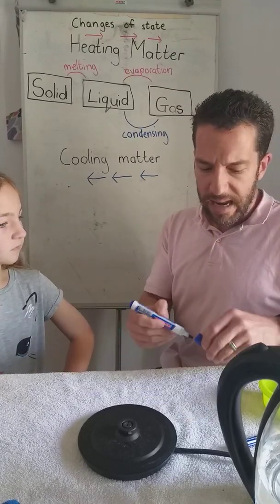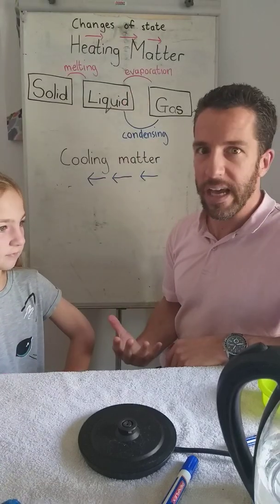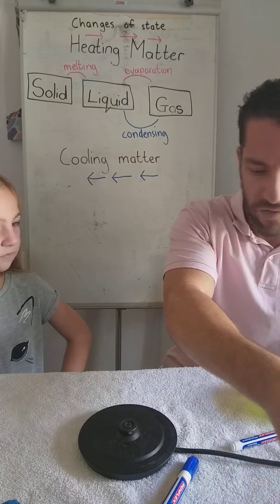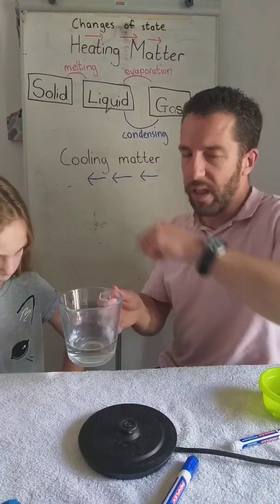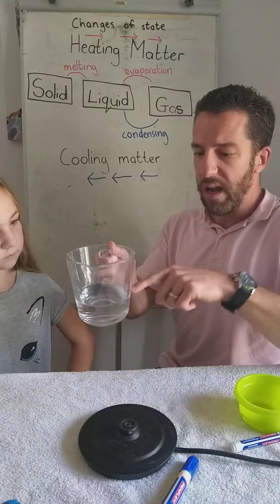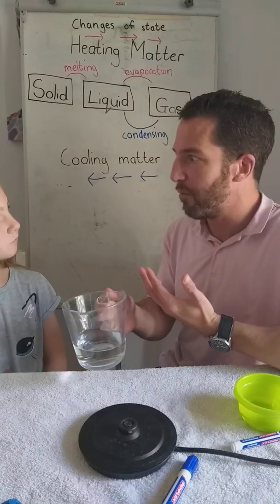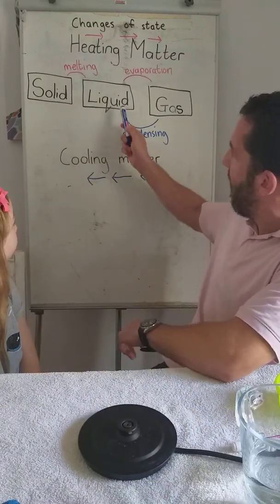And now, that liquid, if we carry on cooling it, it's going to change as well. So we know that if we took that liquid and poured it into a glass container like this, and we put it someplace really, really cold, like the freezer, what do we think would happen to that liquid?